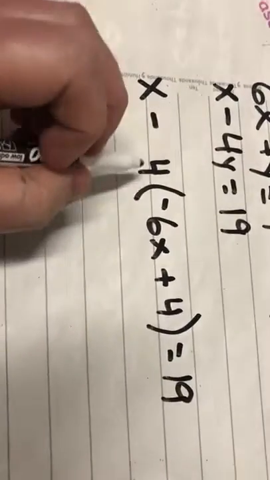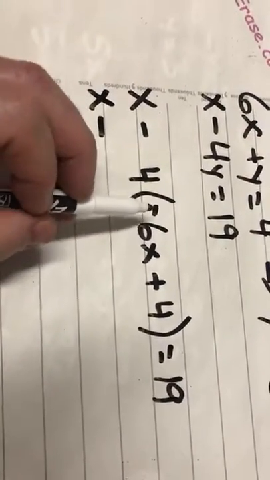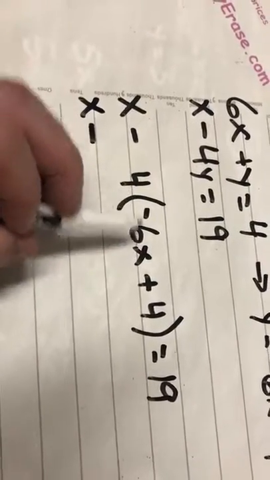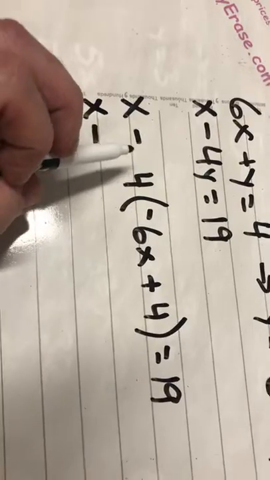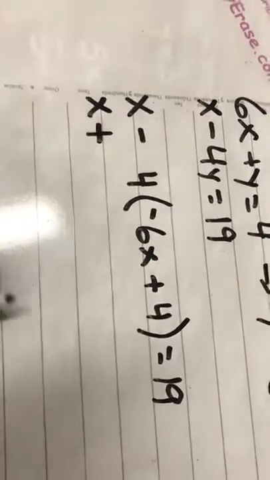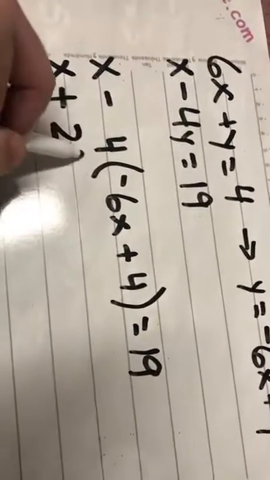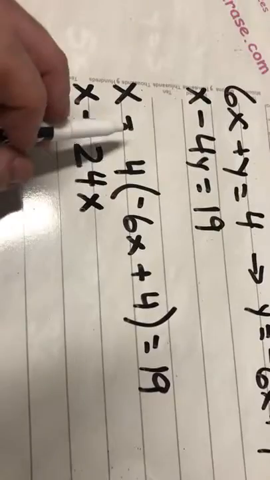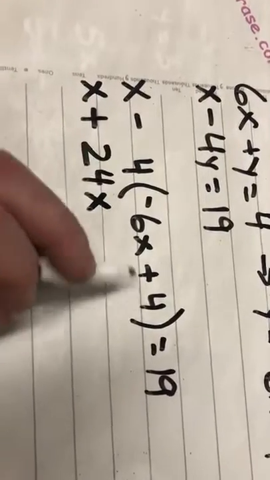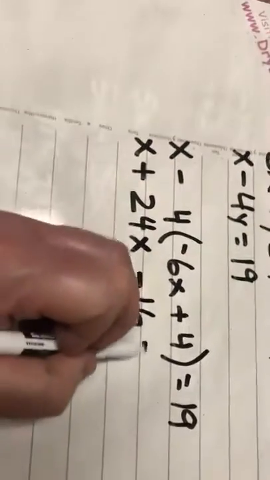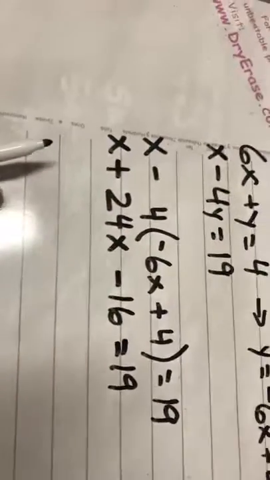X minus 4 times a negative 6x is a negative 24. I know when I'm subtracting a negative, it's the same as adding. So I'm going to make that a plus. I'm going to make this 24x. Okay? Negative 4 times a positive 4 is going to be a negative 16 equals 19.